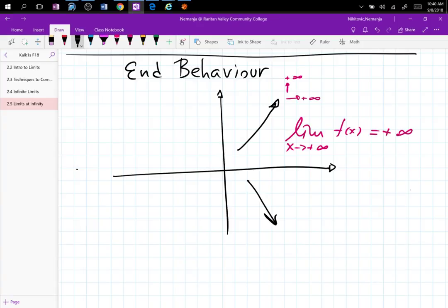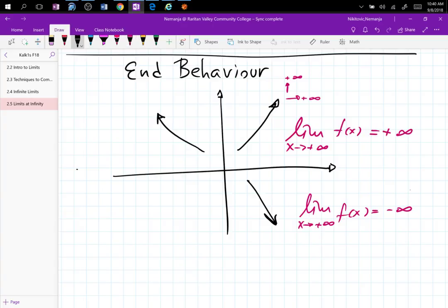Another one would be looking down, where we write the limit as x approaches positive infinity of f of x gives you negative infinity as y because it points down.